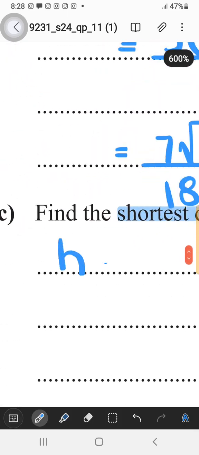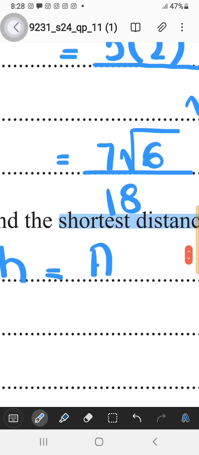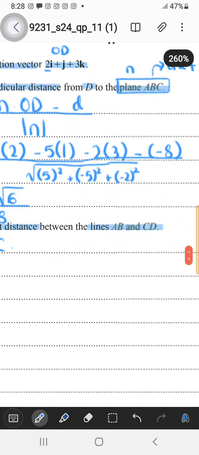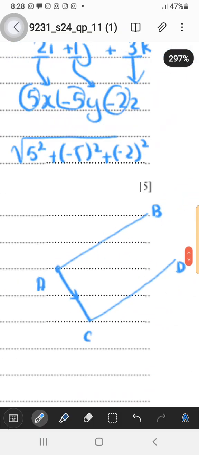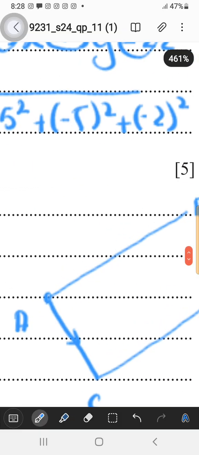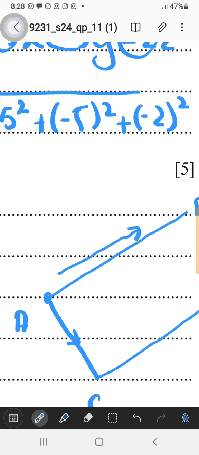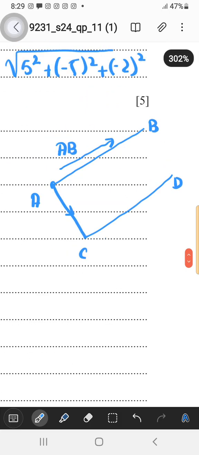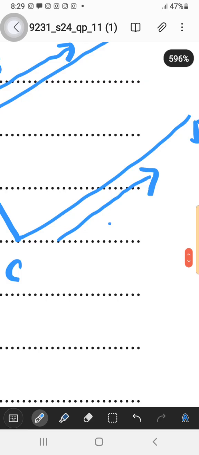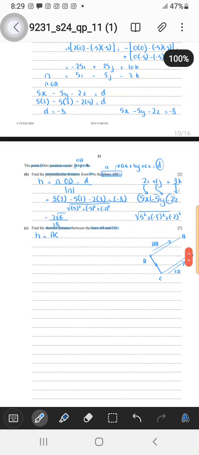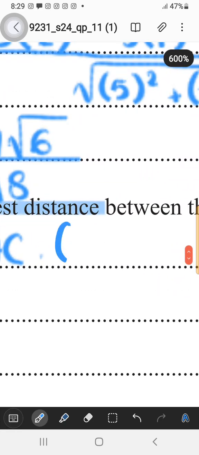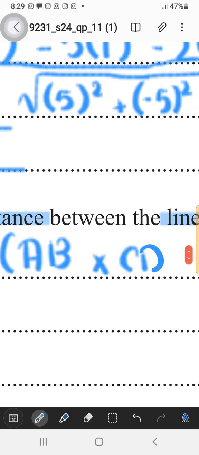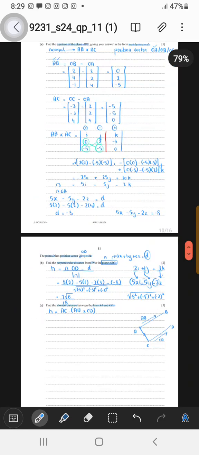So our shortest distance is equal to AC, then we will do the dot product with this. What is this? This is AB cross CD. Let me tell you how I'm going to write it. I will write AB cross CD.